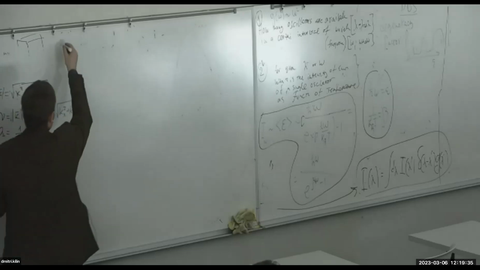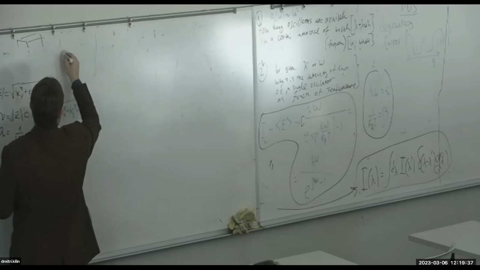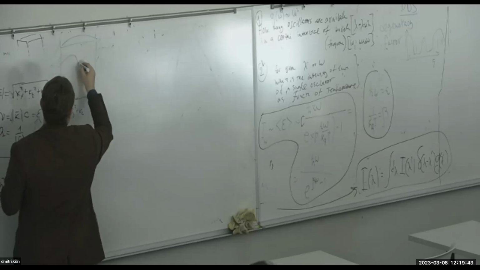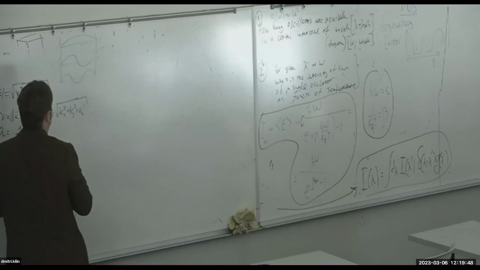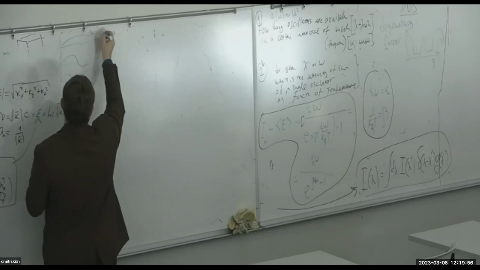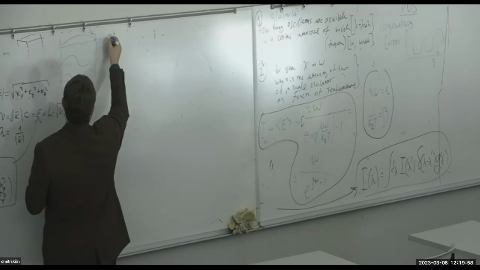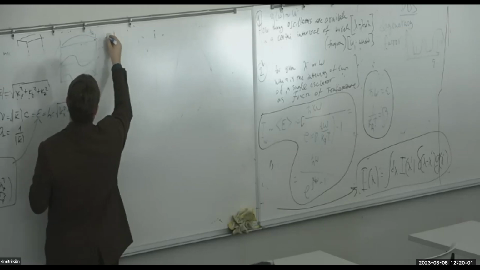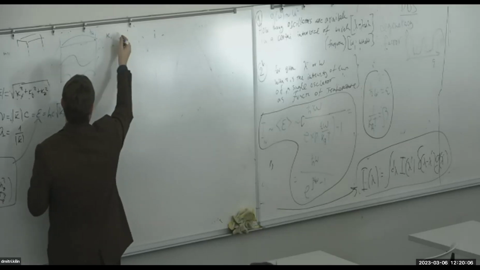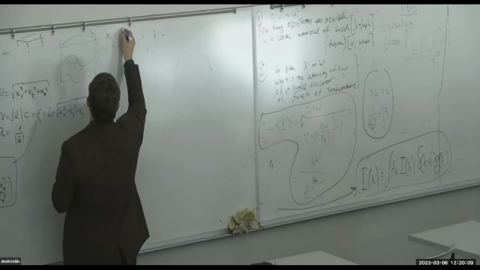Half an hour ago, I drew this one-dimensional resonator with half wave, full wave, and 3/2 waves. We can say that here is lambda over 2, and the wave vector in this direction will be equal to 1 divided by lambda over 2.